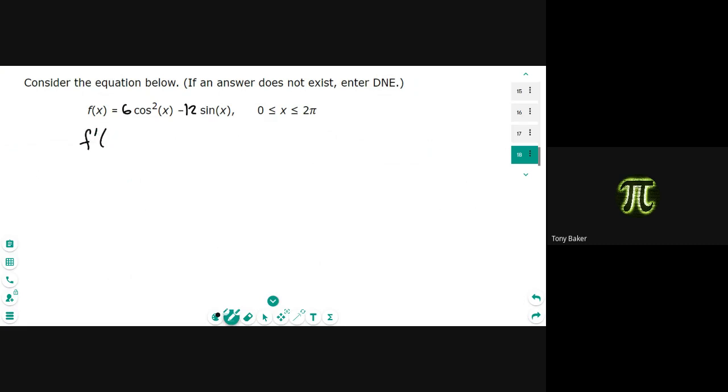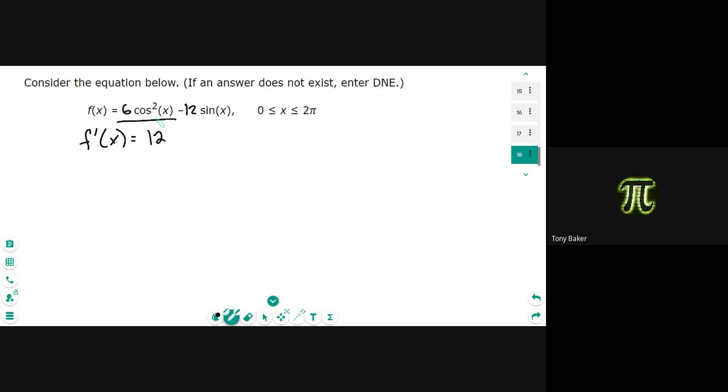Let's see. That would be 12. And then cosine goes to negative sine x, minus 12 cosine x. Almost. You missed something at the beginning.